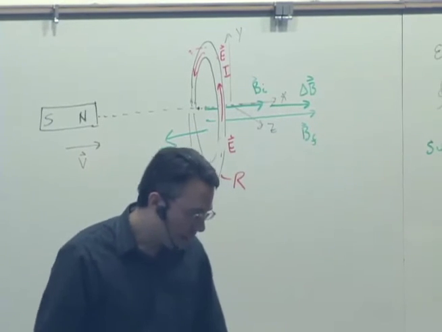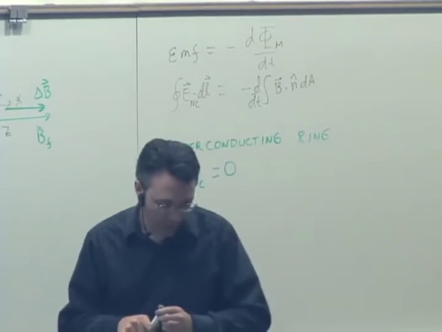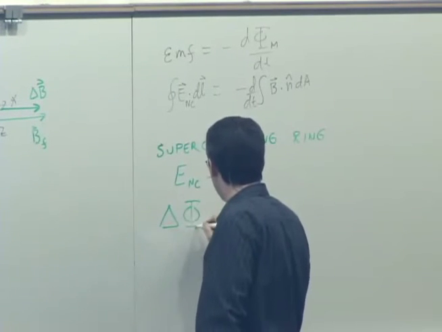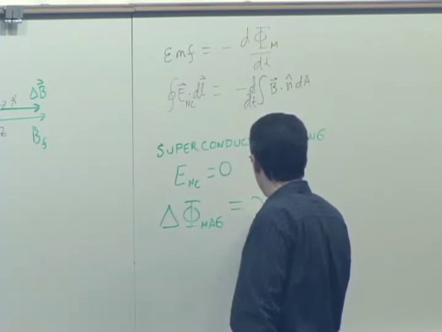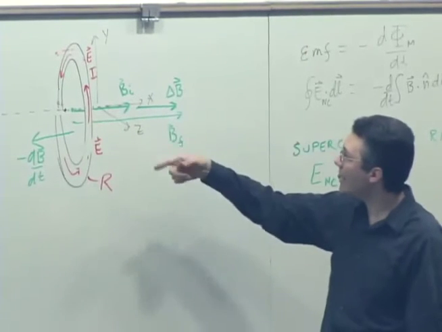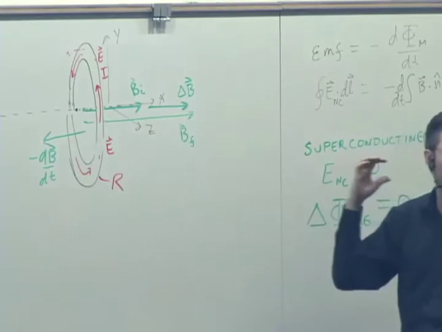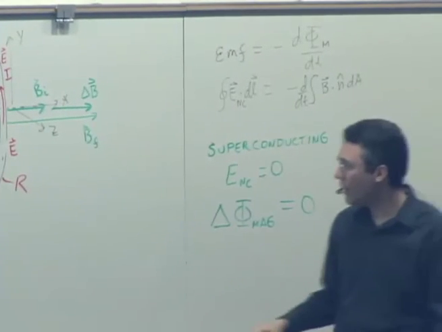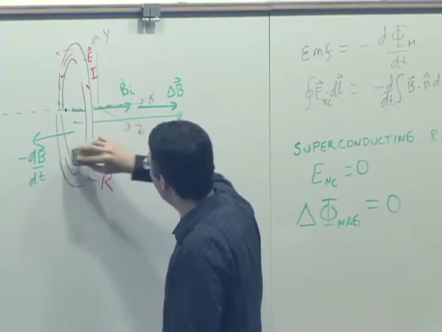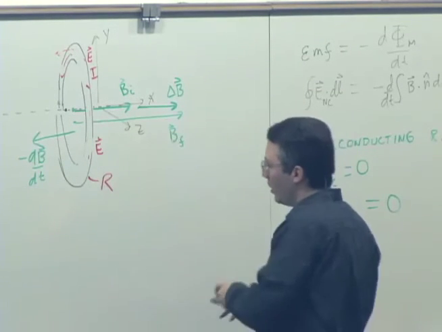How do we know how much current it is? Well, it obeys the rule that the change in the magnetic flux is equal to zero. And so the current that gets created is such that it is going to cancel out any delta B we get from moving the bar magnet. So we have some initial flux based on the initial magnetic field, and a final flux based on the final magnetic field.